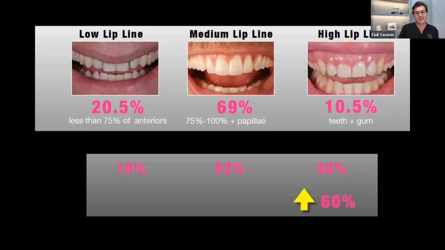But the general statistics when I first graduated, or even well into my early career, showed the variance amongst lip display. In particular, a lot of the significant high lip line data showed that it was only prevalent in 10% of cases. So it shows a medium lip line was about 69%.